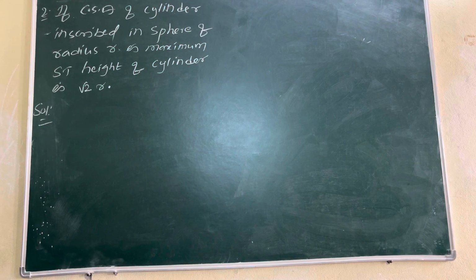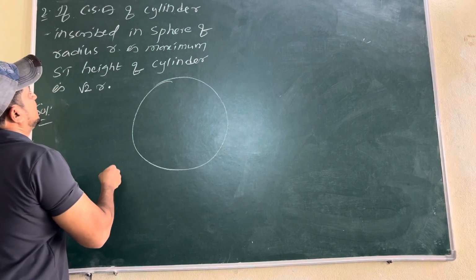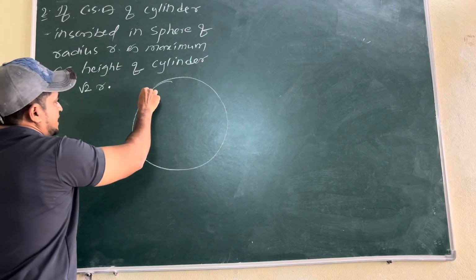CSA of cylinder inscribed in sphere. Already we have done this one, so this is a revision. The previous one we have not done, so you have to try that. Curved surface area of cylinder inscribed in a sphere. What they have given: there is a sphere, in that a cylinder is inscribed.